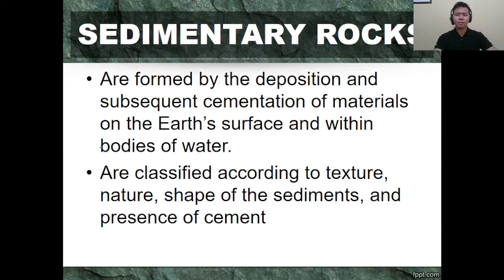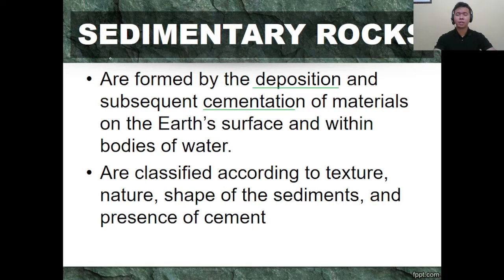Now let's have the other type, sedimentary rock. So sedimentary rocks are formed by the deposition and subsequent cementation of materials on the Earth's surface. Water plays an important role in the deposition and the cementation of sediments. Okay, so they are classified according to texture.